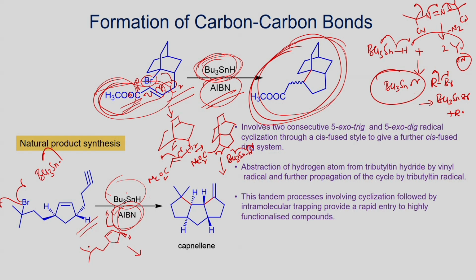Once we have this radical, you can see here, and this radical can undergo addition reaction, you form this. Since you form the 5-membered ring, you form this radical.